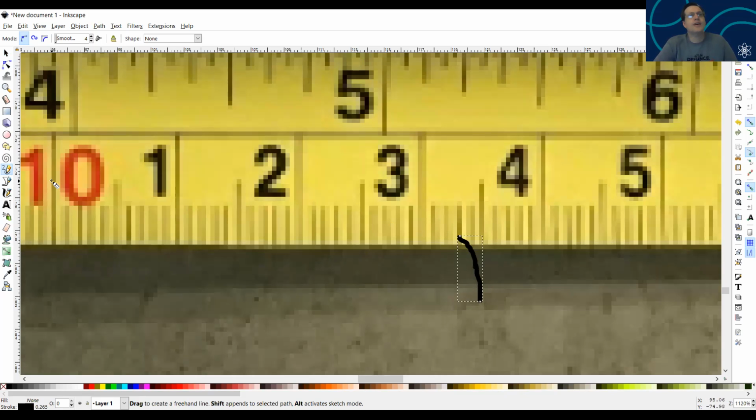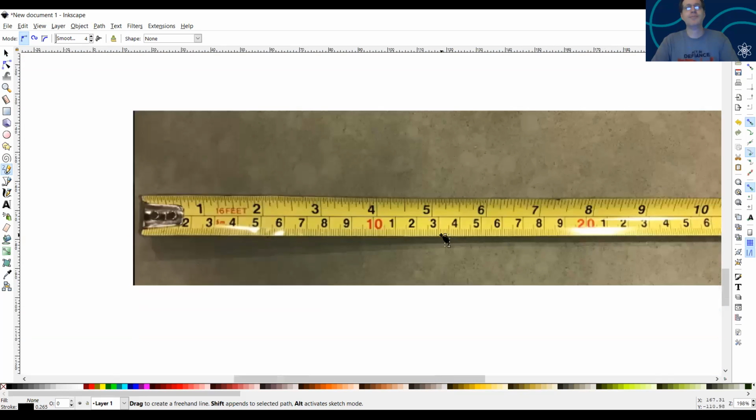So this is 10 centimeters, 11, 12, 13. This is 13 centimeters. So 13.3 centimeters is right there. Or I could say 133 millimeters, and that would be just fine. So just use your units. And there you go. Let me pause this and switch back over.